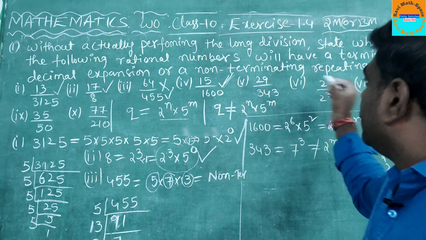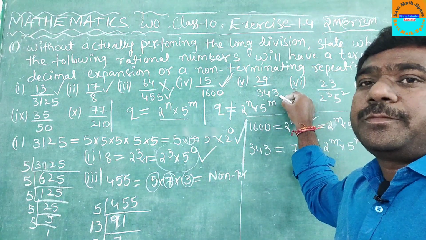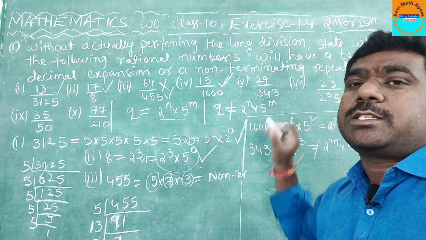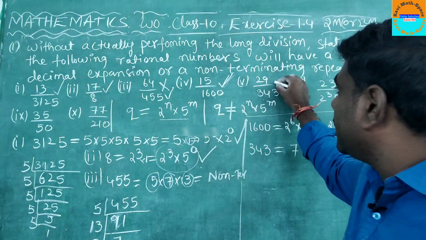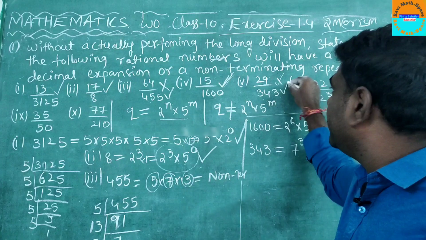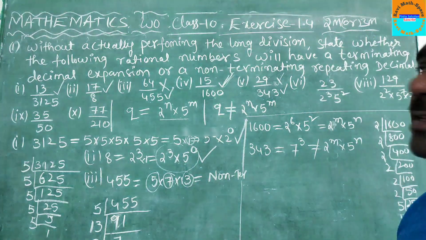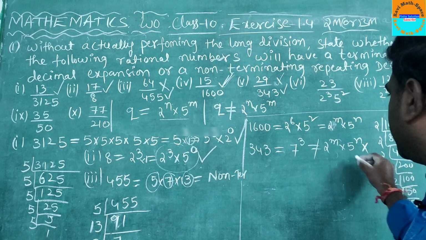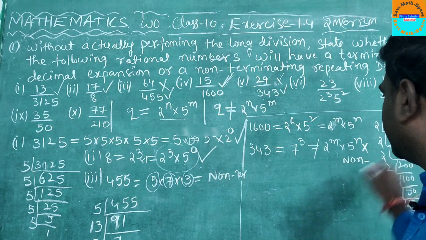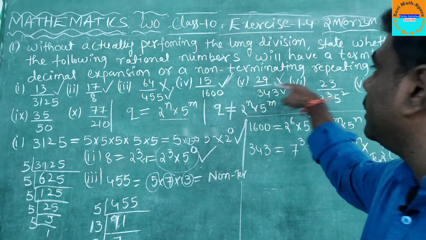Therefore, 29 by 343 does not consist of a terminating decimal expansion, but what does it consist of? A non-terminating repeating decimal expansion. Understanding here?